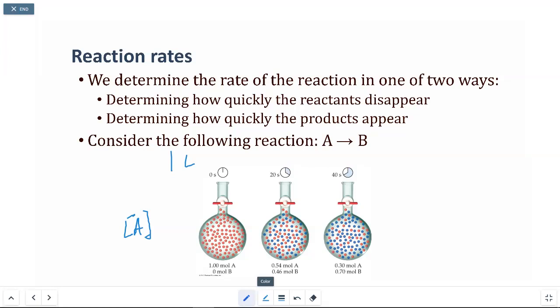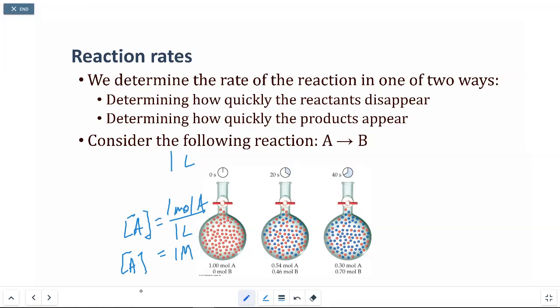You're going to see this a lot throughout this semester. But the concentration of A, which is our reactant here, is 1 mole of A over 1 liter, or 1 molar A. And B, since we have none of it, its concentration is going to be 0.